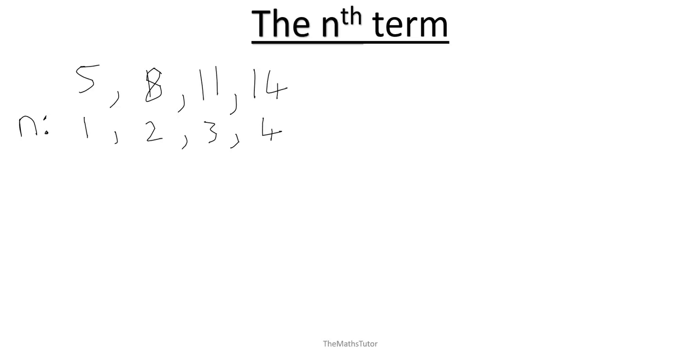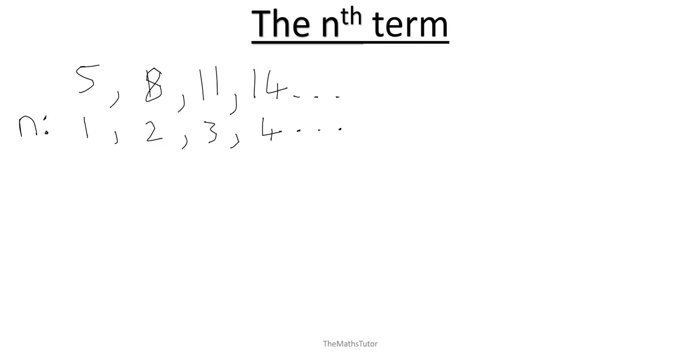So the idea is to get an expression of the nth term, which is to describe this sequence of numbers in terms of these positions. And of course, both of these go off into infinity for as long as you like. The whole idea is such that if I were to ask you what the 100th term in this sequence is, you would immediately be able to tell me without having to write out 100 numbers.